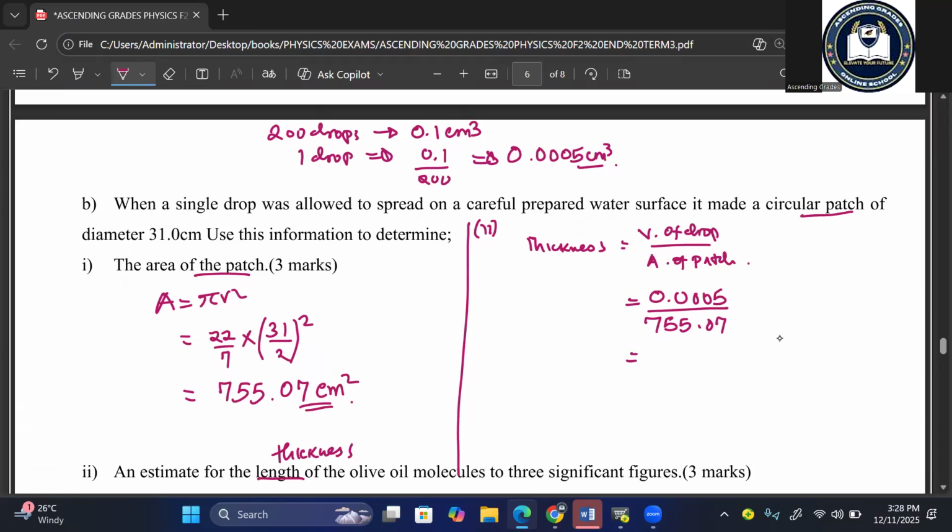And this one I'm going to get 6.62 times 10 raised to power -7. And it will be in centimeters because we're looking at the thickness.